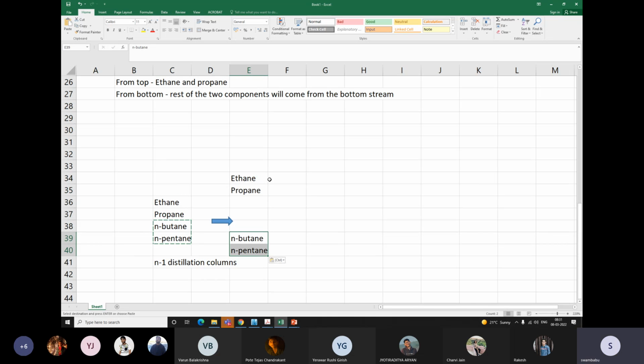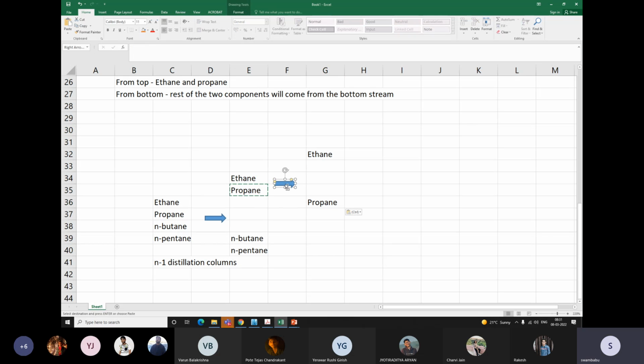Now we have to use another distillation column to separate these two, ethane and propane, into individual components.